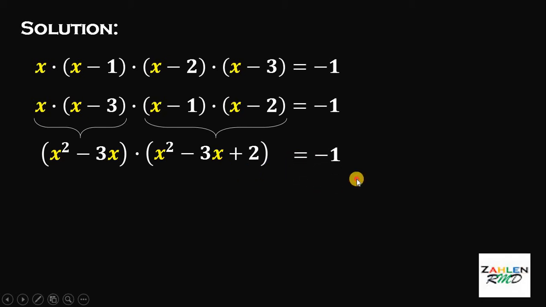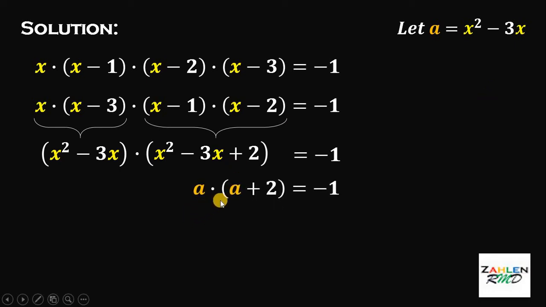Now at this point, let a be equal to x squared minus 3x. It follows that our equation now becomes a times (a plus 2) equals negative 1, because x squared minus 3x is simply a. Distribute a and that will give us a squared plus 2a equals negative 1.